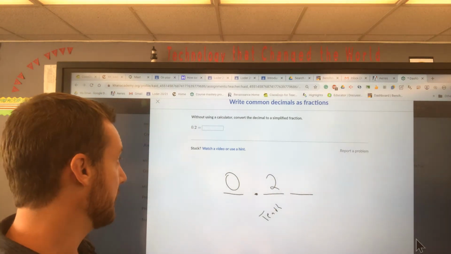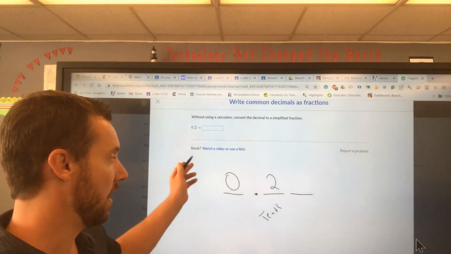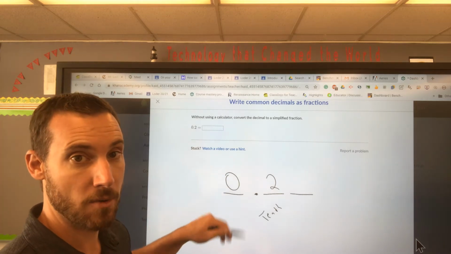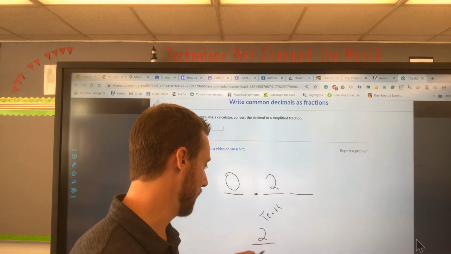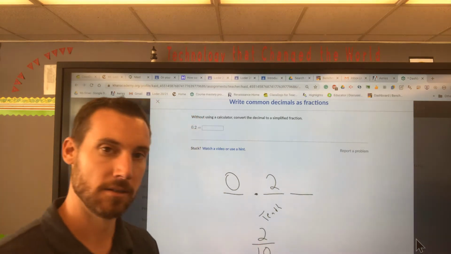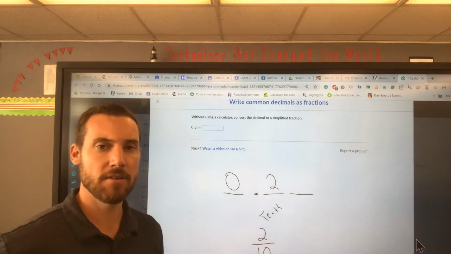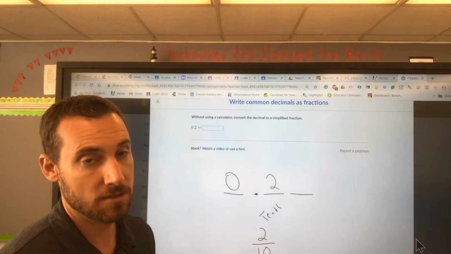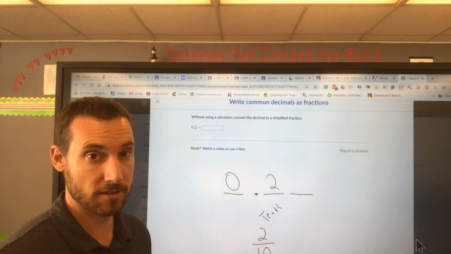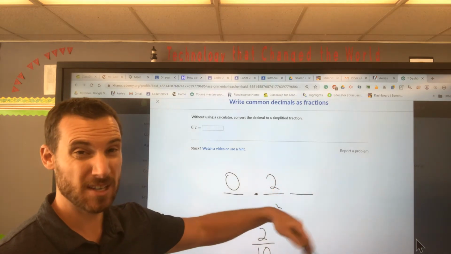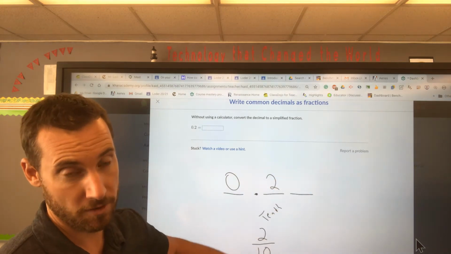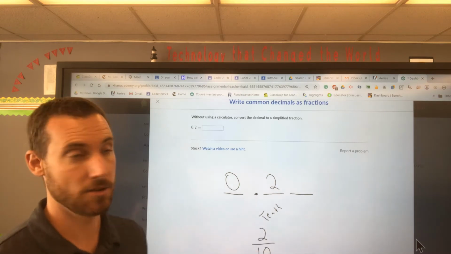So since it ended in the tenths place, how we write this as a fraction is we just write 2 over 10. Pretty easy, right? Whatever place that it ends in, you just put the value of it over top the place. So if it ended in the hundredths place, we would put the value over 100, thousands place, and so on.